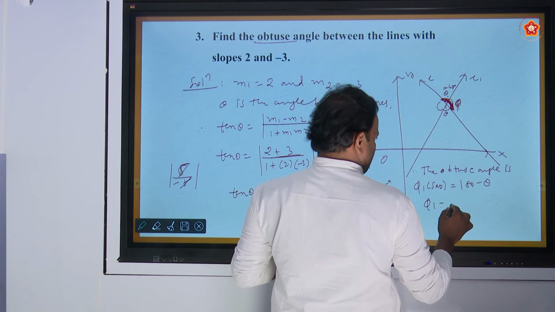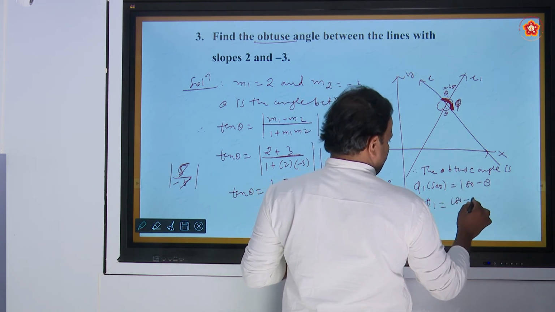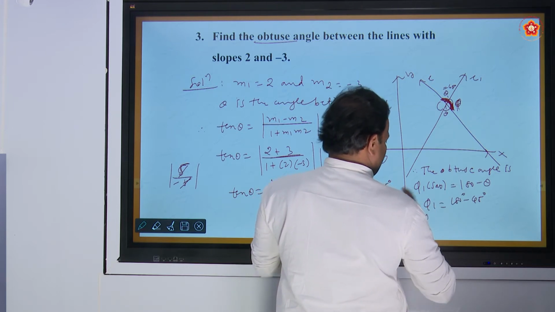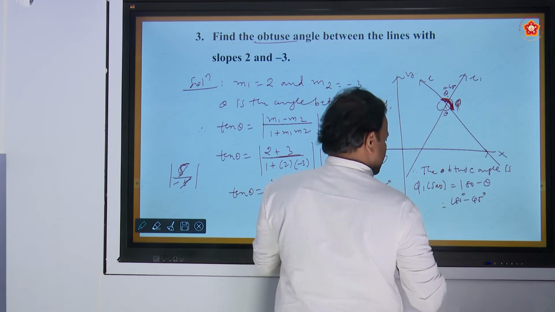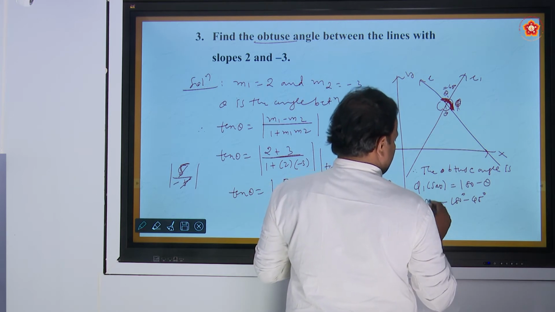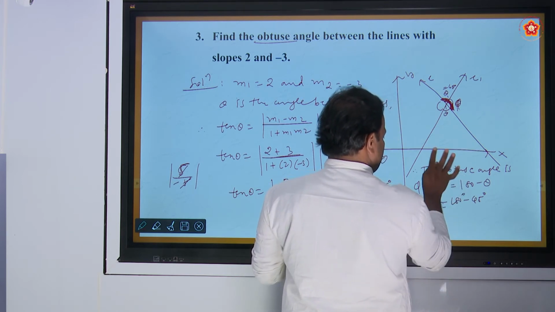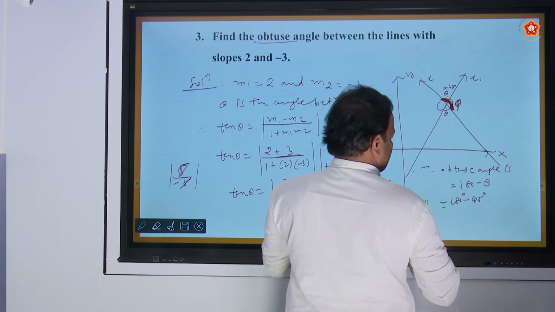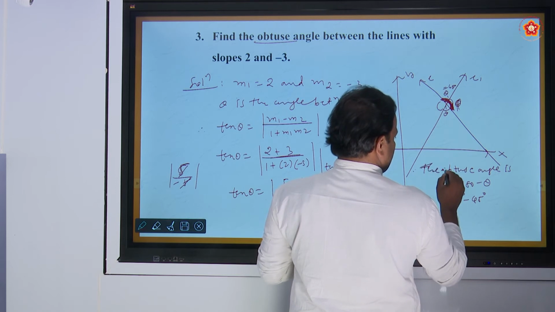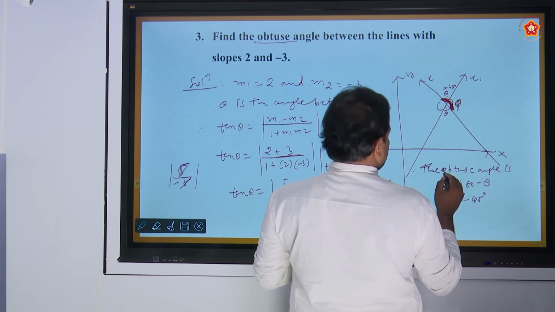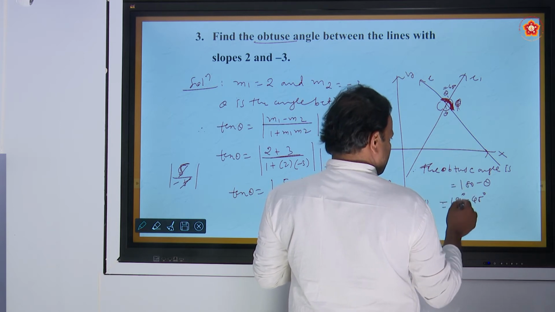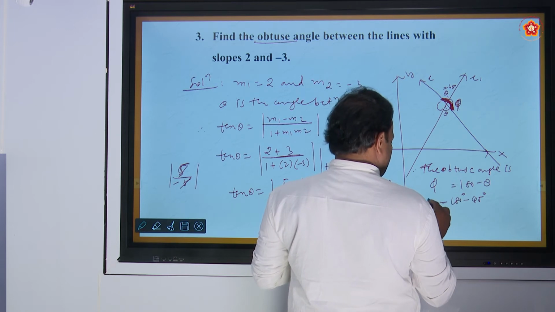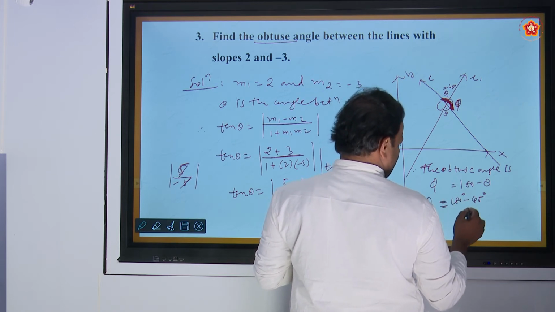So phi is equal to 180 minus 45 degrees, correct. This is only phi, not phi 1, okay. The obtuse angle phi is equal to 180 minus 45.